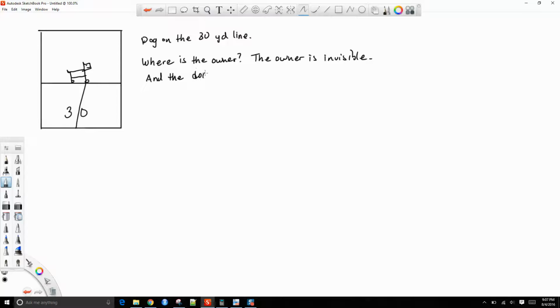What are you talking about? It's not just a picture of the dog, but the dog is going for a walk with his invisible owner, and the owner has an invisible leash, and it's also elastic. Right now this sounds rather strange, but we know some things about the behavior of the dog.